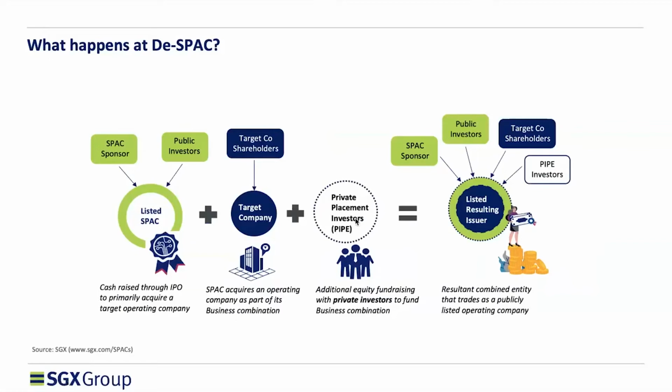So what they do is that they provide the additional equity fundraising to be able to fund the business combination. So what happens is that by the time the business combination is completed, there are 4 different groups of shareholders, and this would include the SPAC sponsors, it include public investors like ourselves. We have the target company shareholders, and last but not least, the PIPE investors.